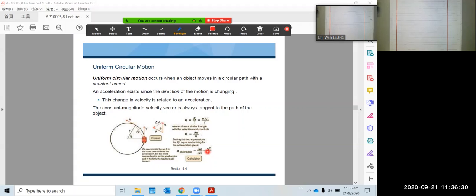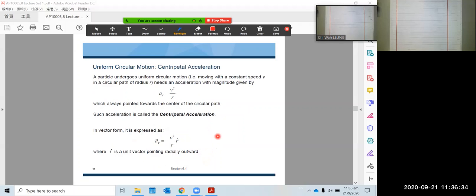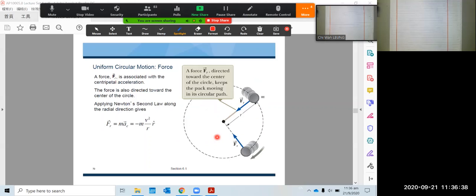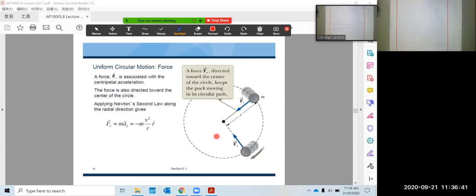And in order to have an acceleration, according to Newton's second law, there must be a force, F equals ma. So the centripetal force is the reason why the object can perform a circular motion.